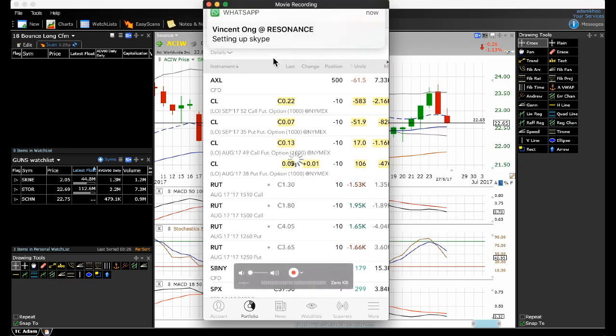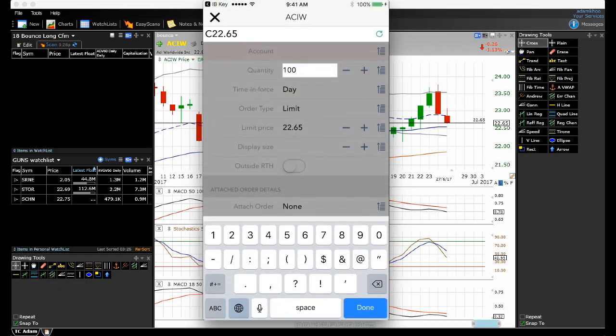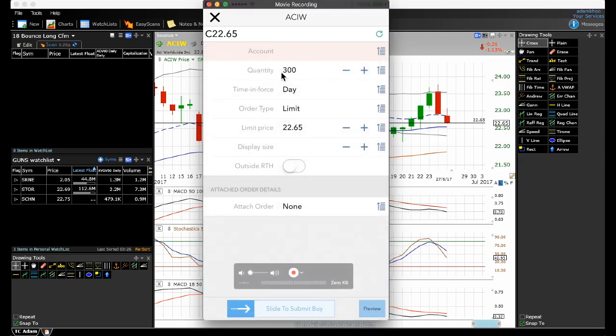Okay, so let's do that again. Next, key in the quantity. Whatever quantity it may be, depending on the size of your account, it could be, for example, 300 shares. Next is to put in whether it's a day order or good till cancel order. So I put in good till cancel order.